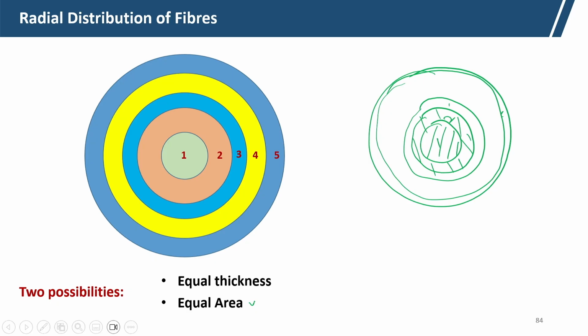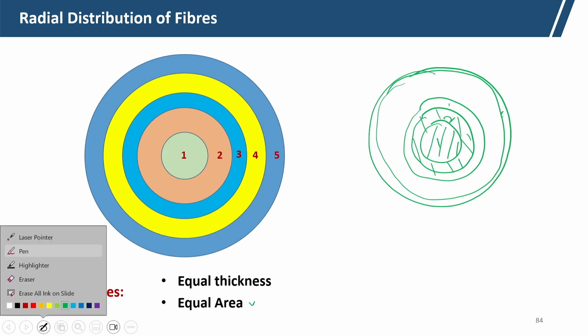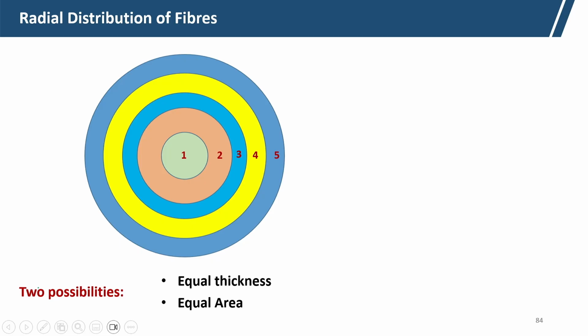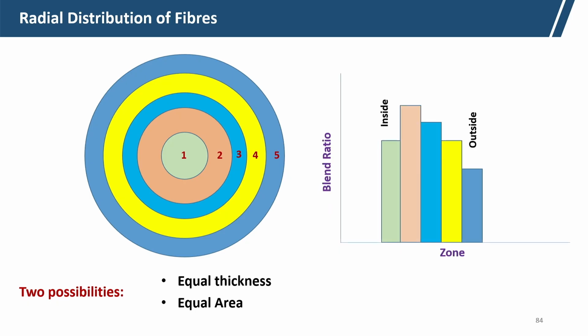This is another approach, and at different zones we will have different blend ratios. This is a typical example of a blend ratio test, where we can see the fiber distributions of blend ratio are different at different zones.